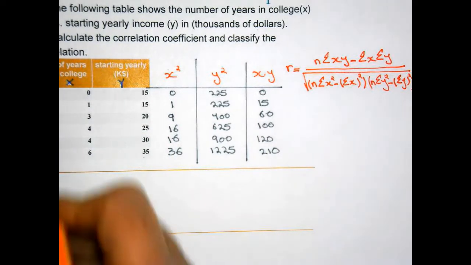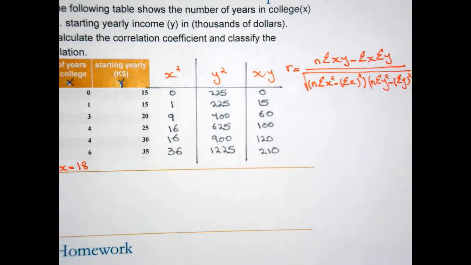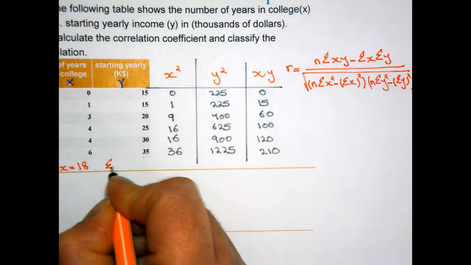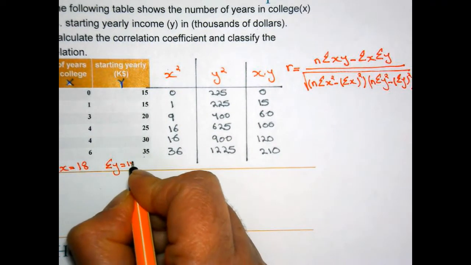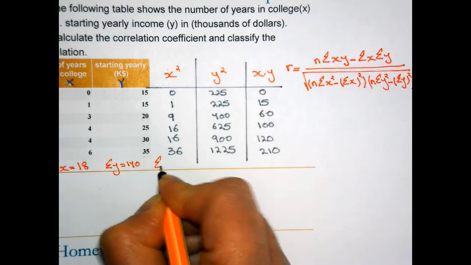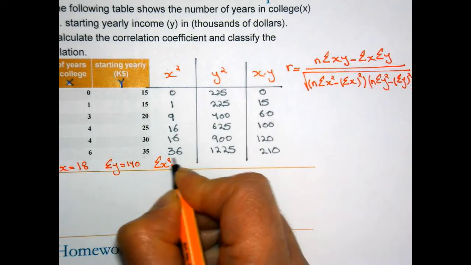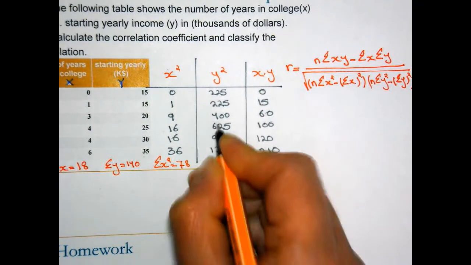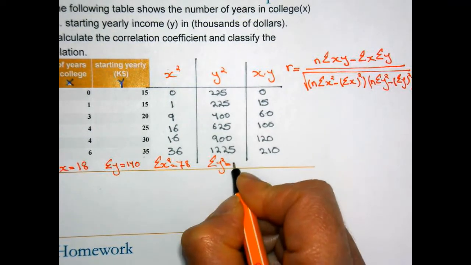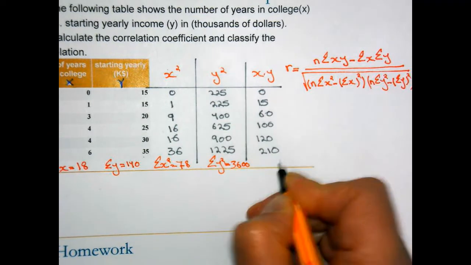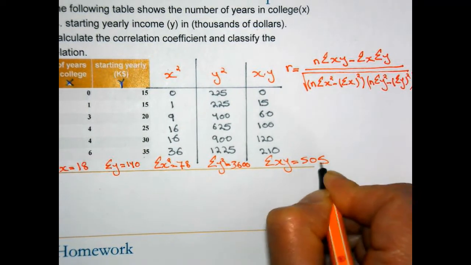So sigma x is 18. Sigma y, we add up these numbers, we get 140. Sigma x squared is 78. Sigma y squared is 3600. And sigma xy is 505.